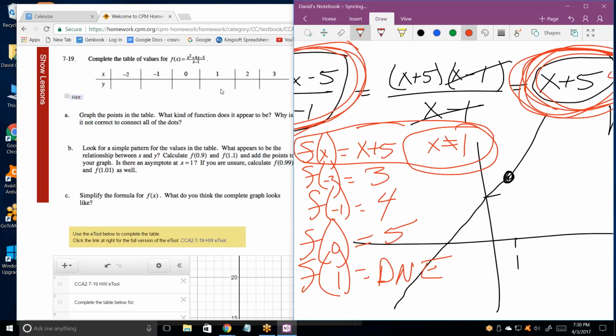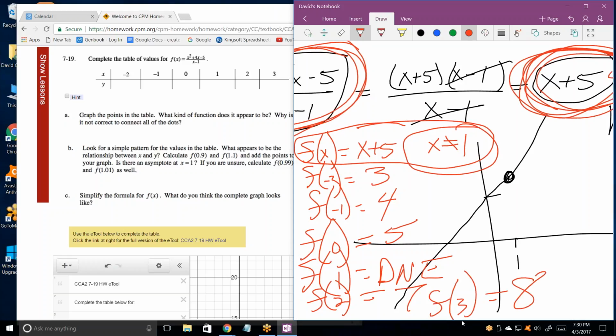When x is 1, y does not exist, because x cannot be equal to 1. Now, what's f of 2? 7. And what's f of 3? 8. So there's your table. And the only one that's weird is when x is equal to 1, y does not exist.